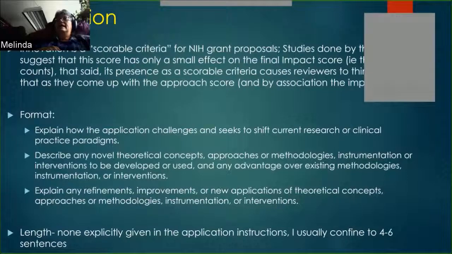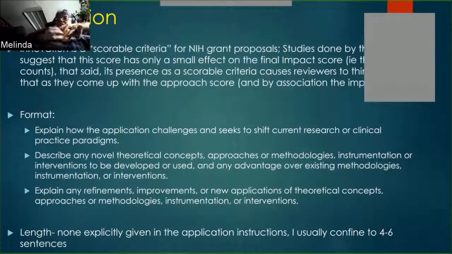In fact, the approach score correlates very strongly with the final impact score. That said, the better scores you get on everything, the better. And this is almost the cool factor. Did the reviewer read this and say, wow, that's a really interesting way of looking at this problem? They're using state-of-the-art cutting-edge techniques that have not ever been used in this system, or they've developed a new state-of-the-art cutting-edge technique.